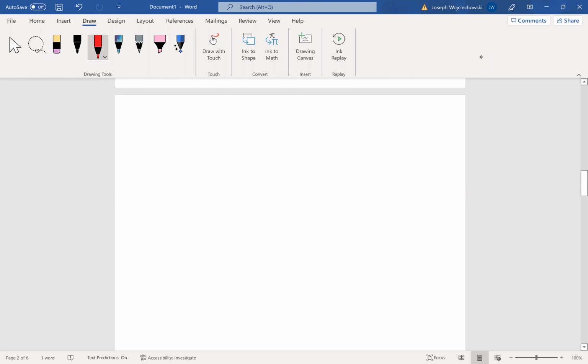A speeding ticket is $100 plus $5 every mile over the limit. Now write a linear function to model the cost.